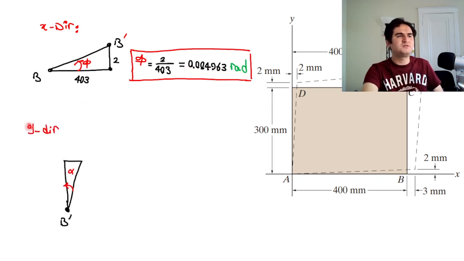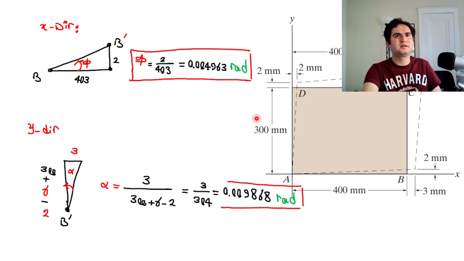And if you want to see what happened in Y direction, again from D to D prime, this is D, this is D prime, there is again an angle, we call that alpha in Y direction, and that's nothing but an increment of 300 plus 6 minus 2.